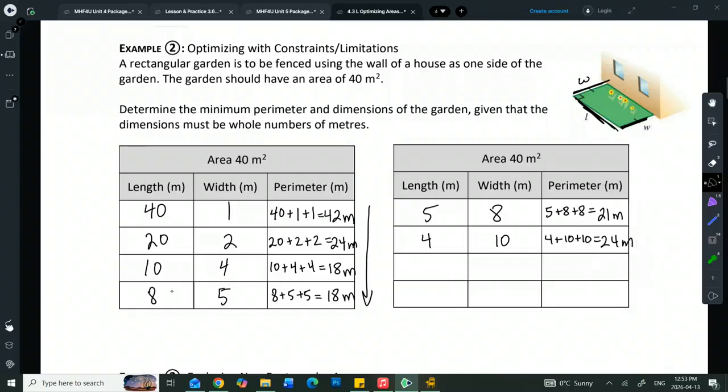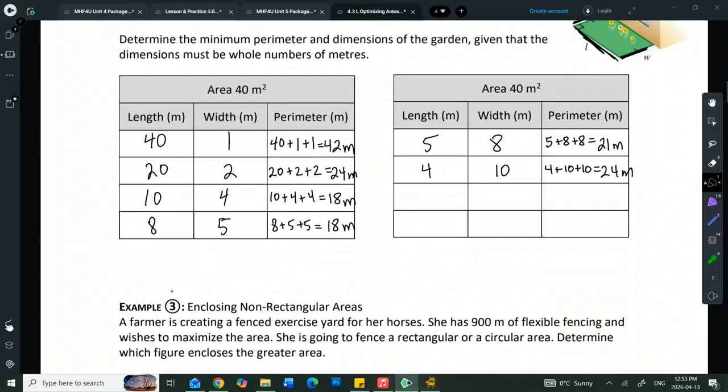So we have 2 options, right? We could do 10 by 4 or 8 by 5. They're both giving us optimal perimeter. So this one has 2 answers.